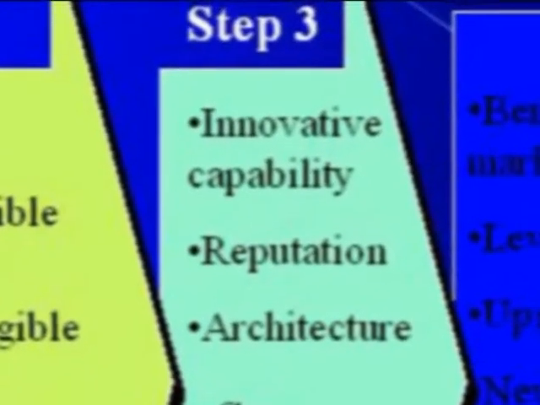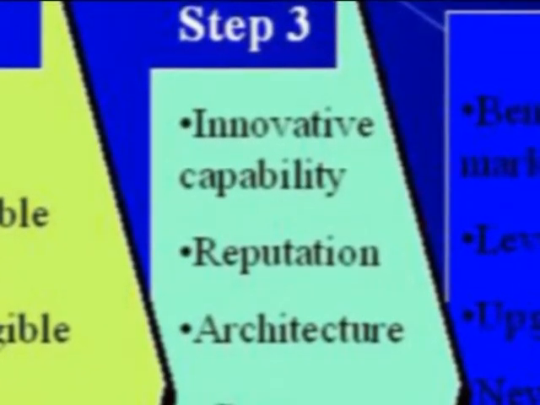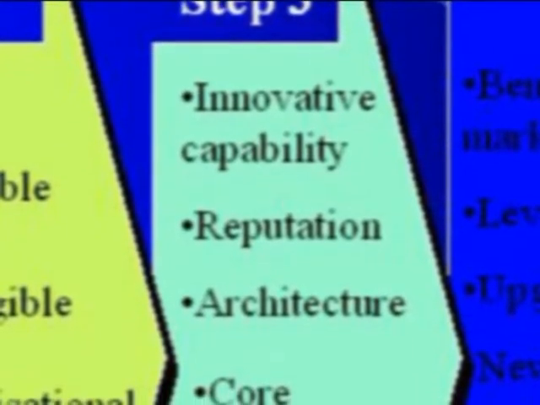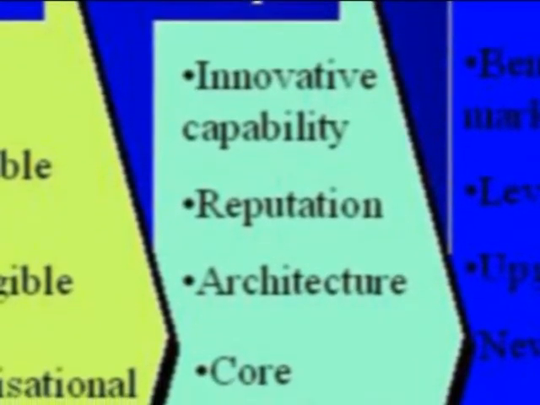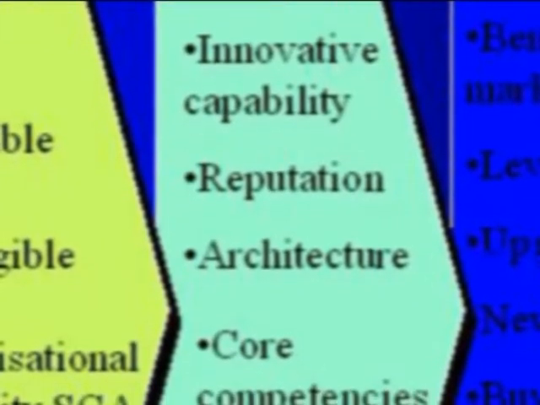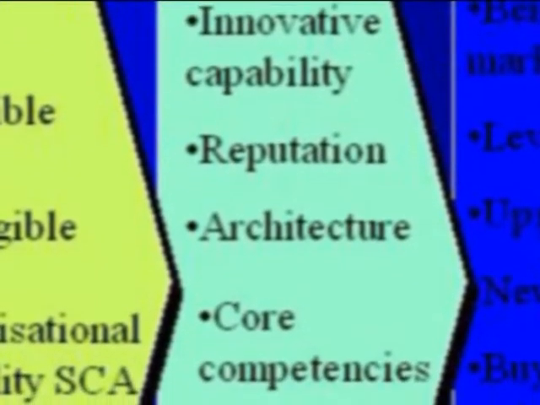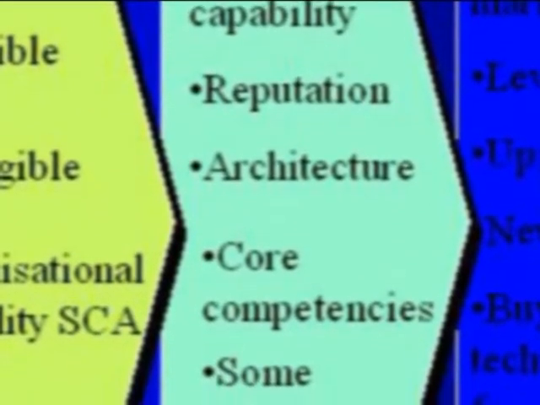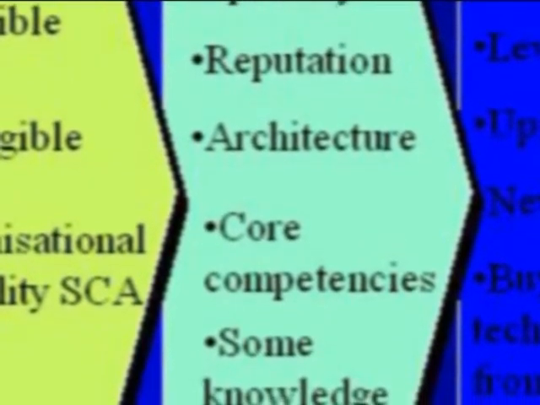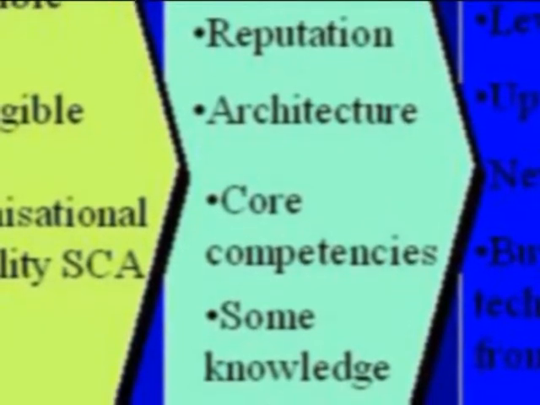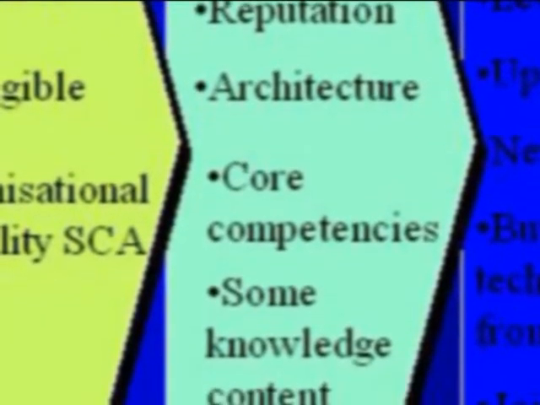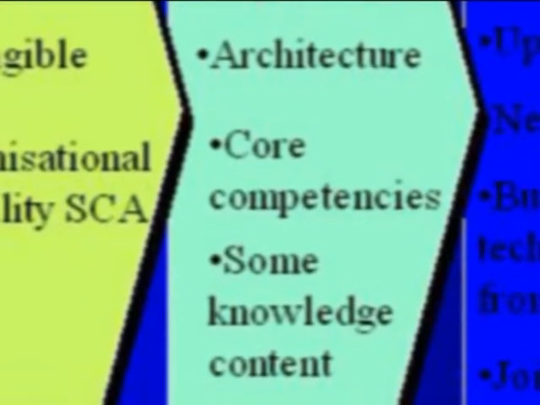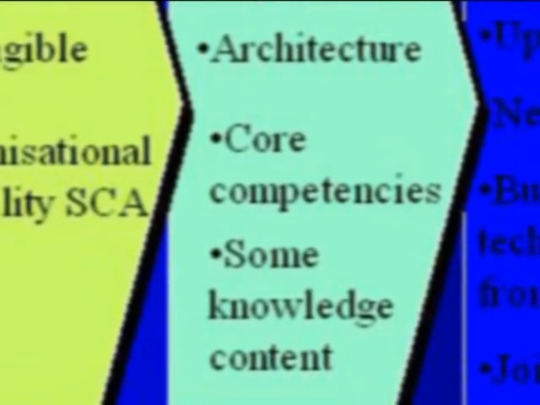Distinctive capability from Professor John Kay, which includes number 1, architecture, number 2, reputation, and number 3, innovation. And separately, core competencies from Professors Hamel and Prahalad. Another final approach that has gained ground is that knowledge of the organisation is crucial to competitive advantage, and this is explored in Chapter 7.